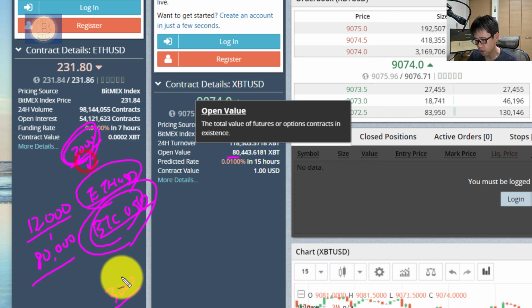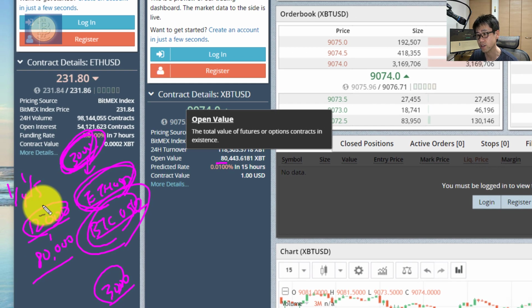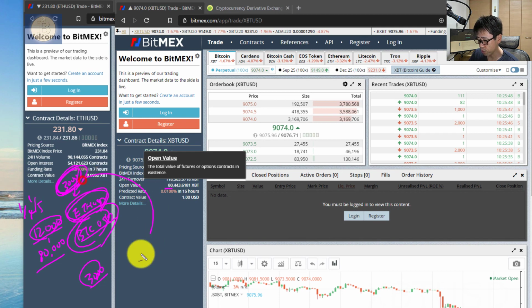Which market moves bigger? That is EtherUSD, because your 3,000 XBT is a quarter or a fifth of EtherUSD's open interest. However, if you put your 3,000 XBT into 80,000 XBT, instead of 25% or 20%, this is 3 to 4%.